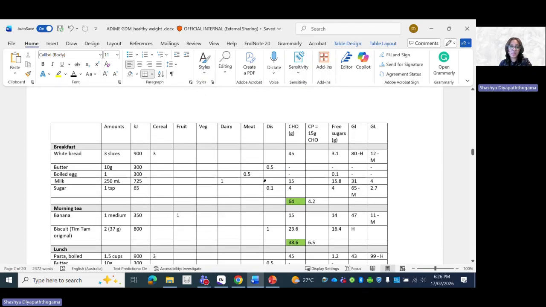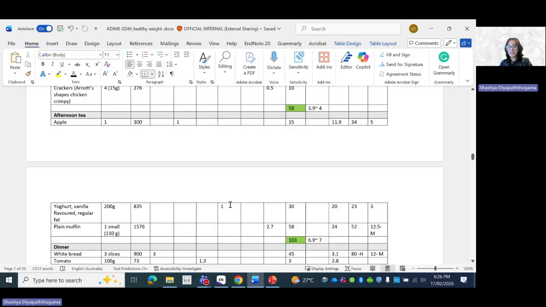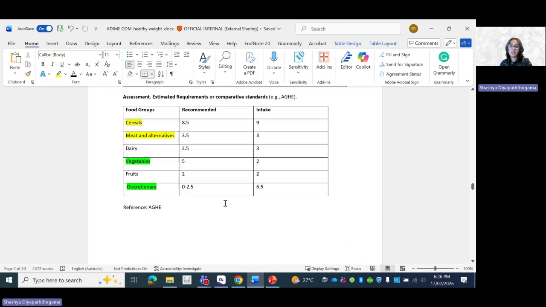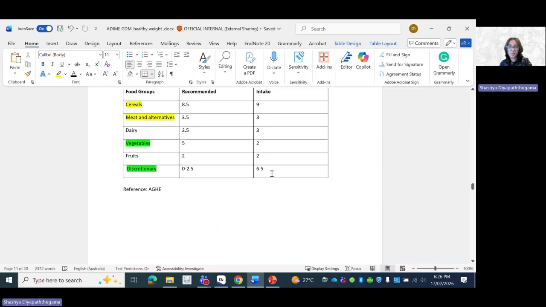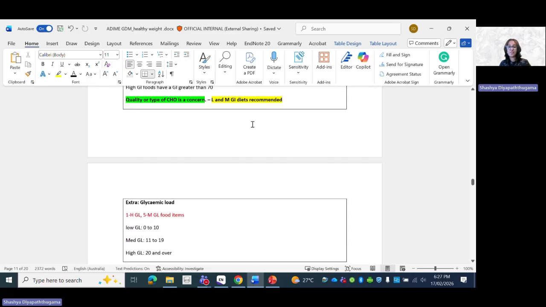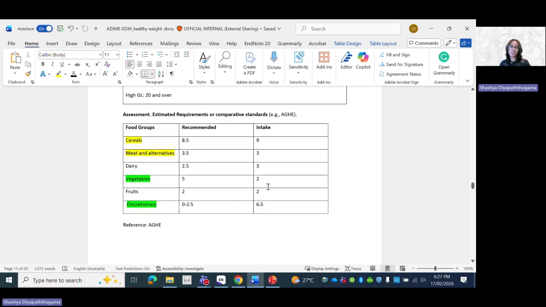So when it comes to discretionary, that's coming from sugar, and that's coming from these biscuits. So yes, some of these numbers are being contributed from sugary foods as well. So we've identified the issues in terms of sugar, types of the carbohydrates, and in vegetables. Yes, discretionary is an issue, but that could be also due to the sugars.